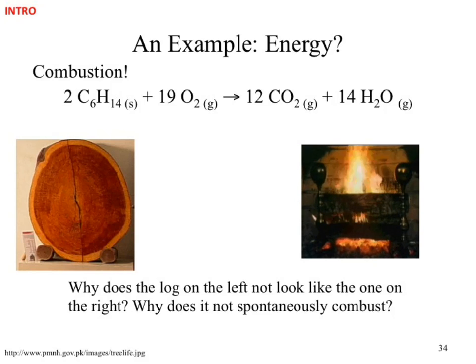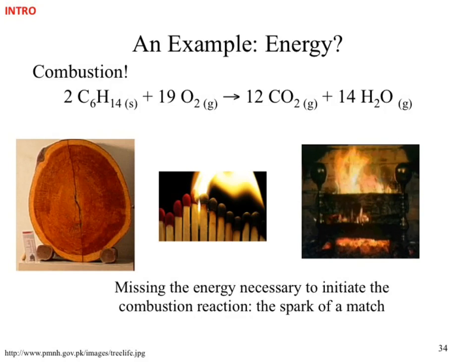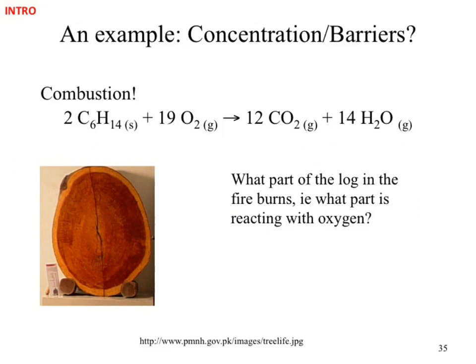Okay? So we had to supply that energy. How do we supply that energy? By increasing the temperature in that local vicinity. That increase in temperature allowed our reaction to start. And that's why we don't see it spontaneously combust. So we supplied that energy. Okay? What part of the log is burning in that fire?